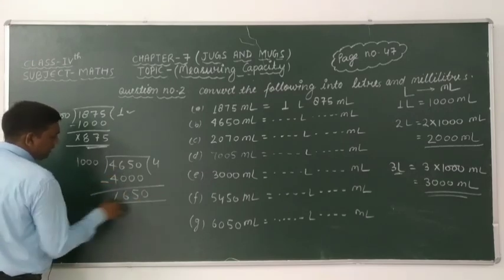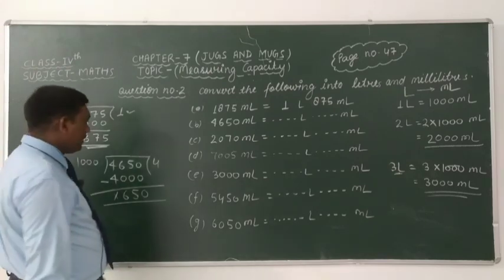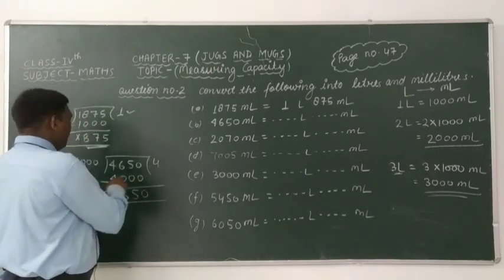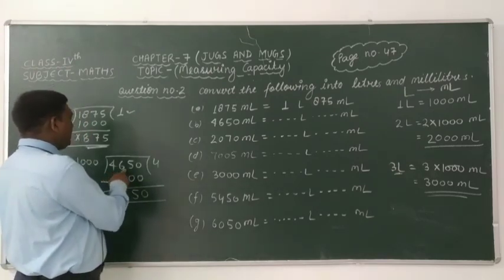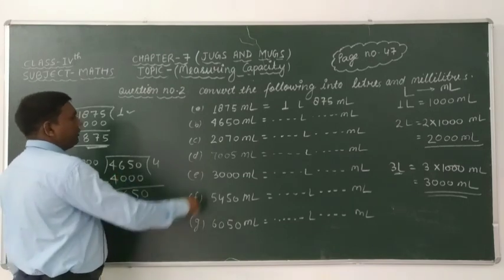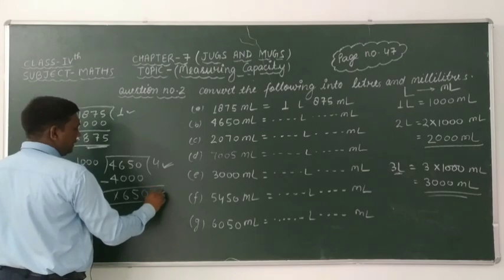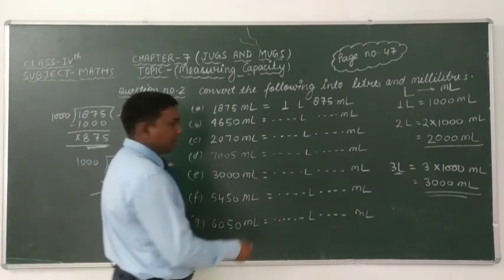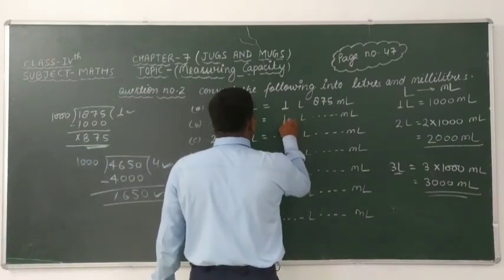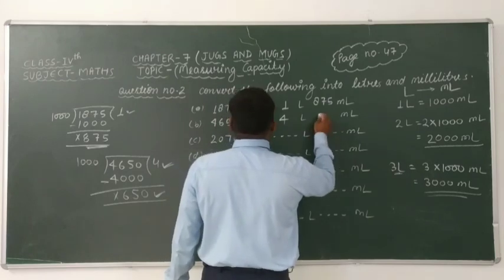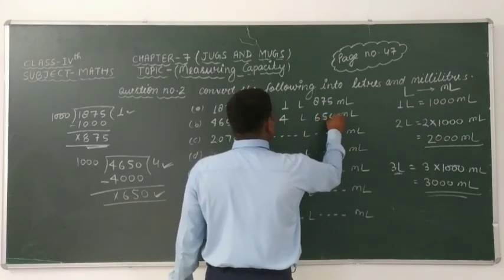It means that here we can write cancel mark. Therefore, 4650 milliliter is equal to 4 liter 650 milliliter.